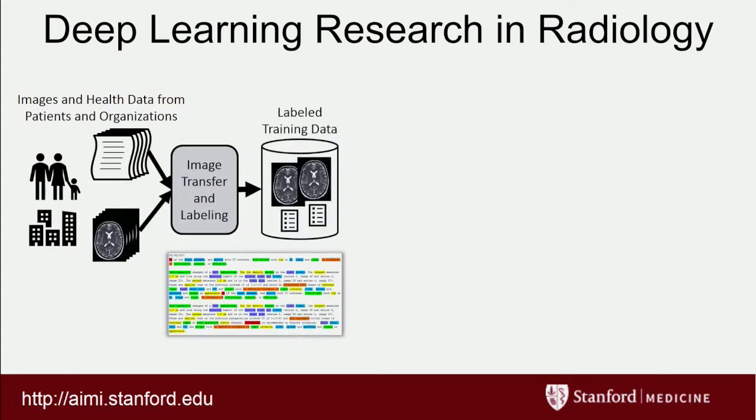That turns out to be a ripe source of labeling. We spend a lot of our time, this is really one of the key bottlenecks, creating large enough sets of labeled data that can be fed into machine learning algorithms. So we spend a lot of time with natural language processing algorithms and information extraction from those narrative reports.